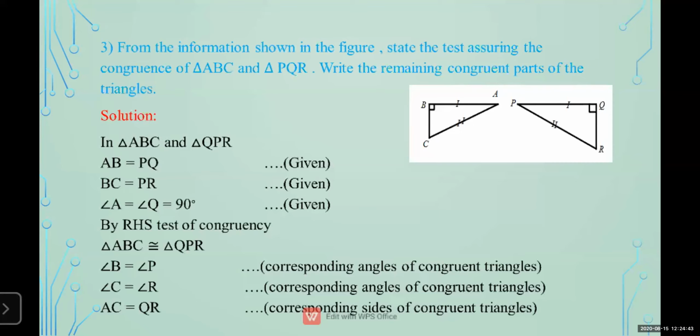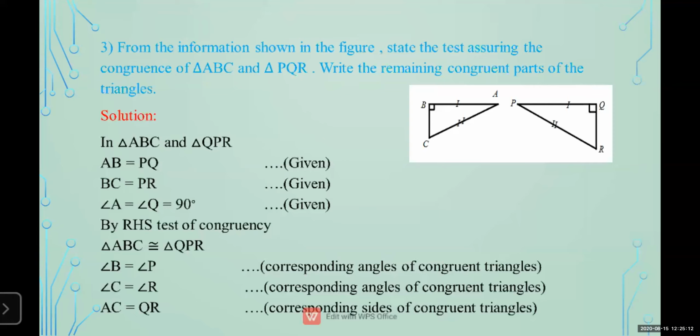Now the next question. From the information given in the figure, state the test assuring the congruence of triangle ABC and triangle PQR. Write the remaining congruent parts of the triangles. Already you know that a triangle has 6 parts, 3 angles and 3 sides.